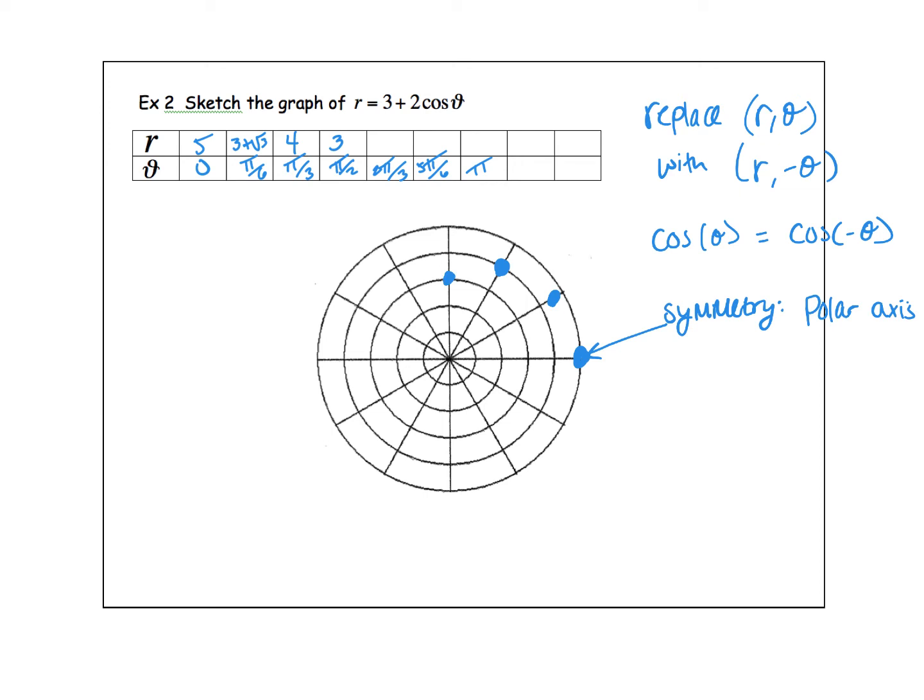Two pi over 3, we get a negative half times the 2, which is negative 1. 3 plus negative 1 gives me a 2.